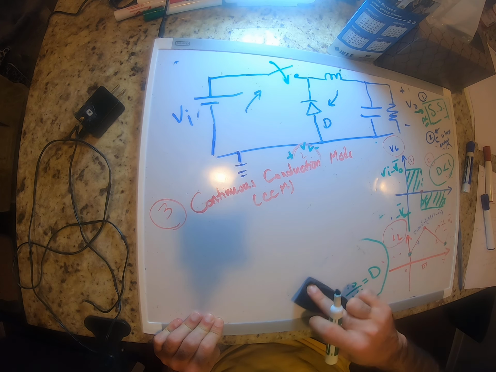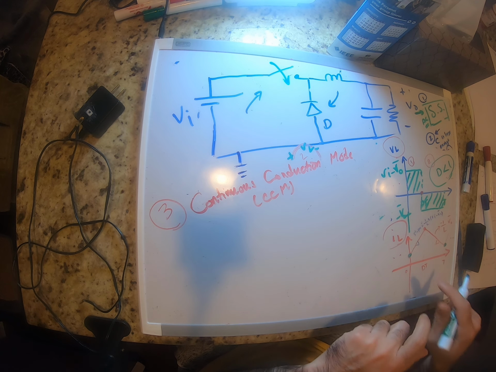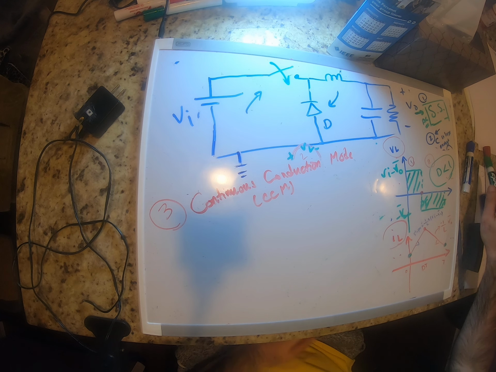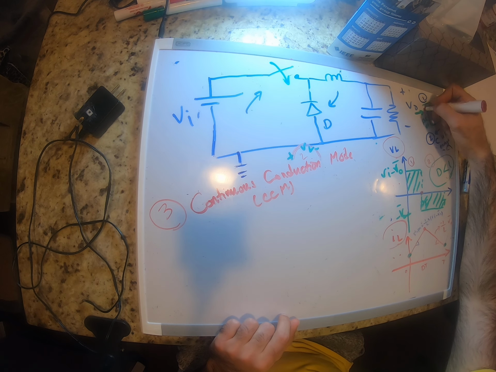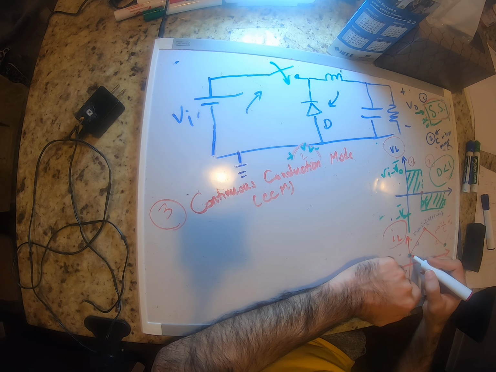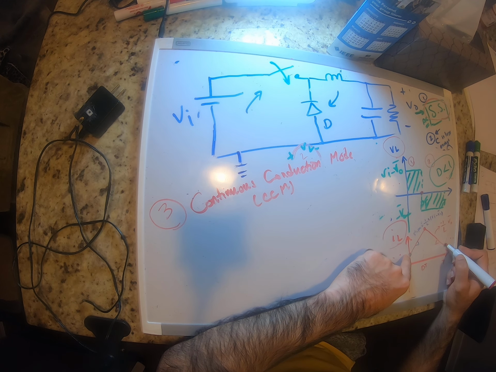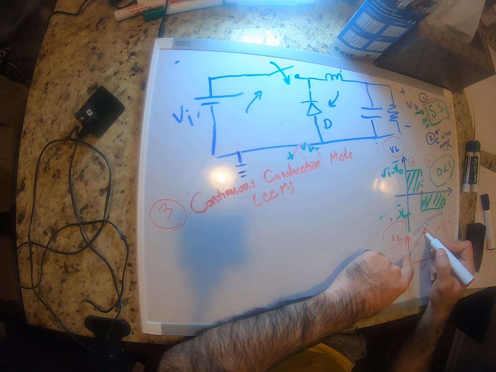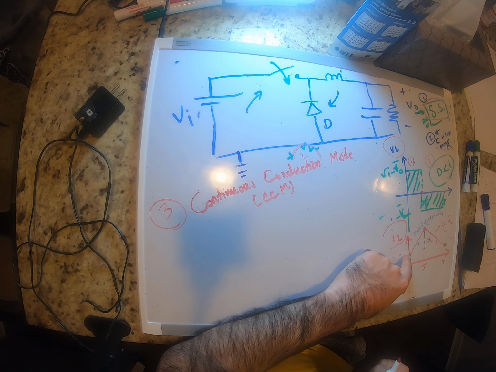I want to derive the same relationship, but from the inductor current perspective. If we are in the steady state, the current of the inductor at the beginning of the period has to be equal to the current of the inductor at the end of the period. So the amount that we go up has to be equal to the amount that we come down, right?